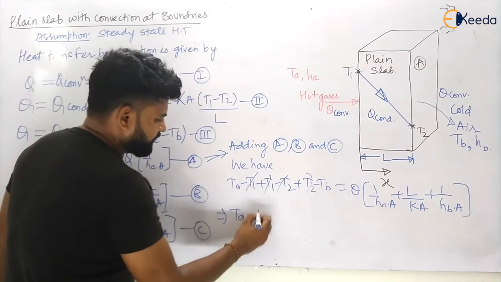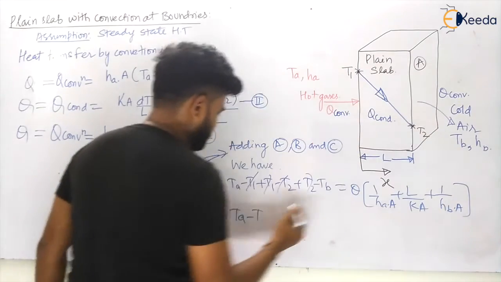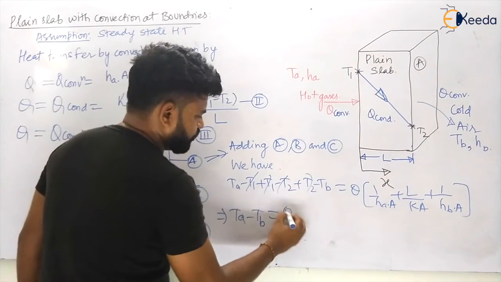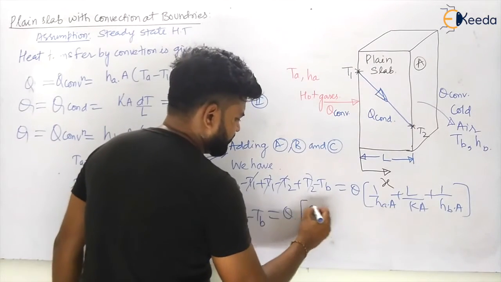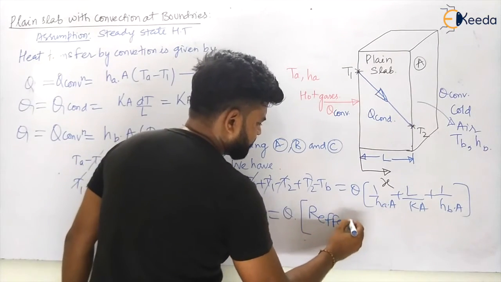The overall temperature drop, which is Ta minus Tb, will become equal to Q into the overall resistance. This will be R effective.